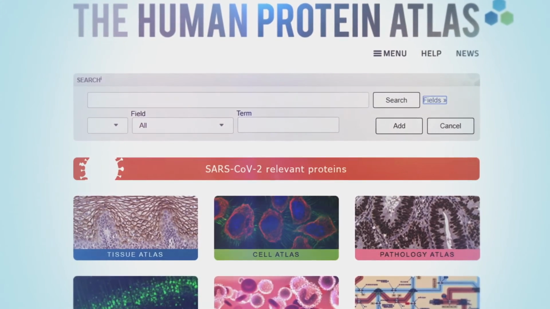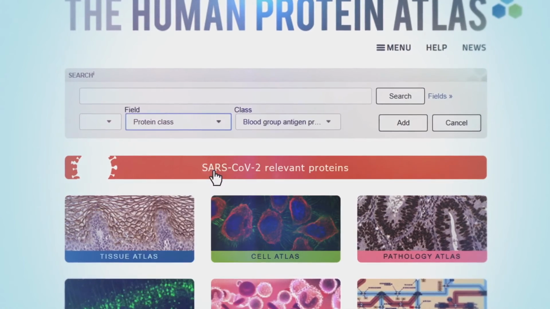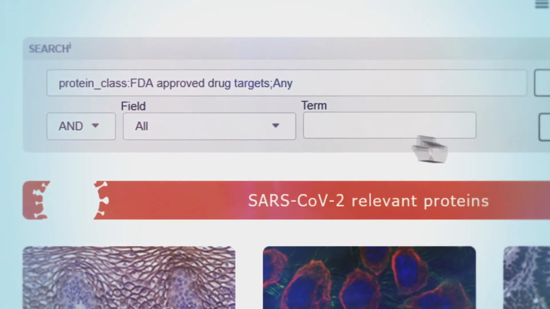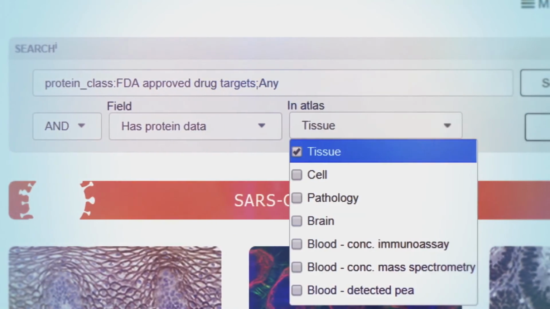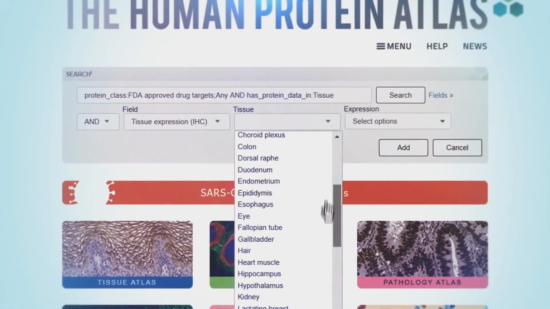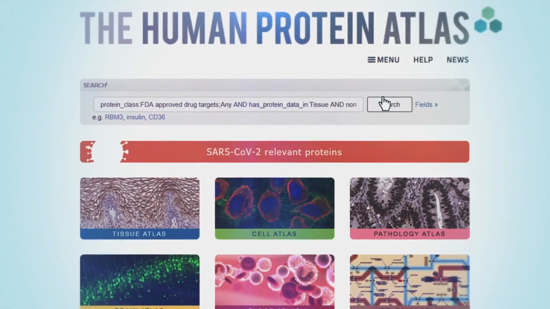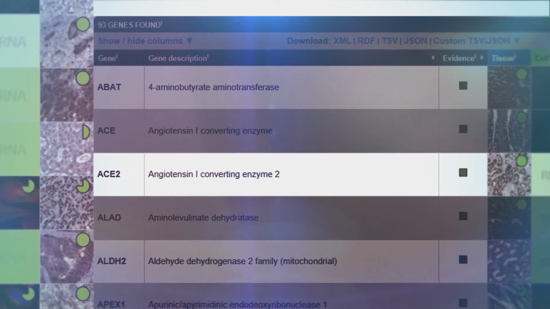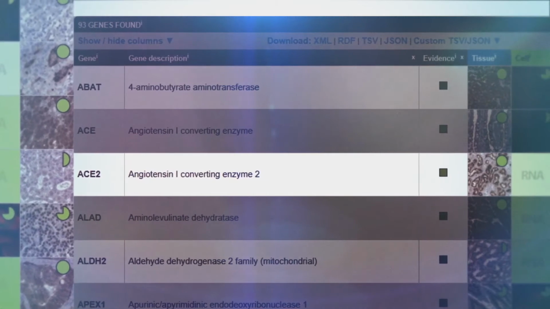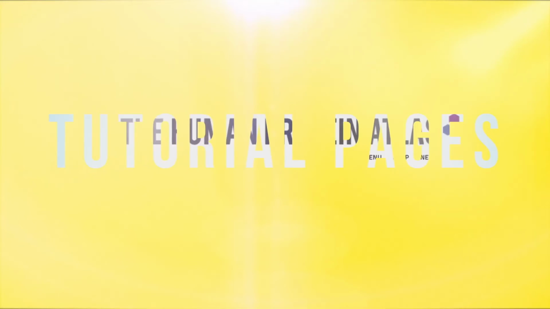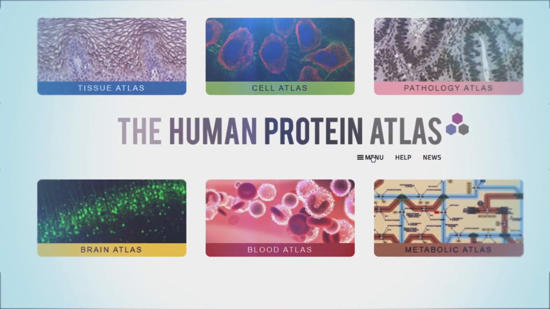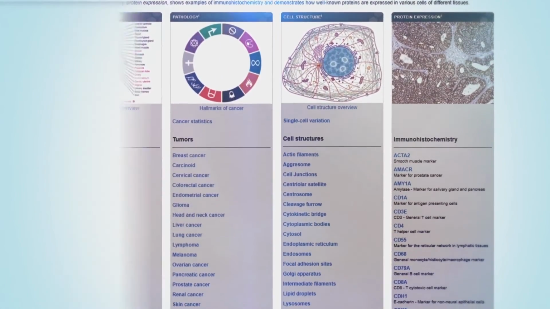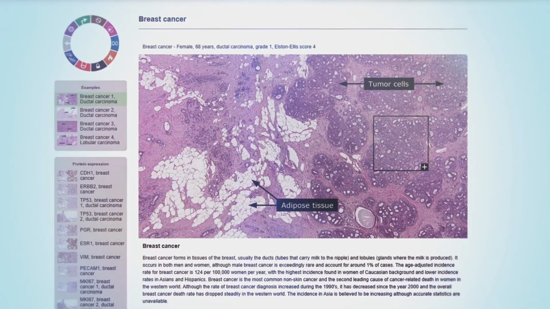The search function on the home page can also be used to make simple queries like finding a protein by name, or more complex ones, like FDA-approved drug targets with data in the tissue atlas and with high expression in a certain cell type in the kidney. This gives us 93 hits, with the third hit being the receptor for COVID-19. The Human Protein Atlas also contains numerous tutorial pages and a dictionary to guide researchers interested in a particular part of the atlas.